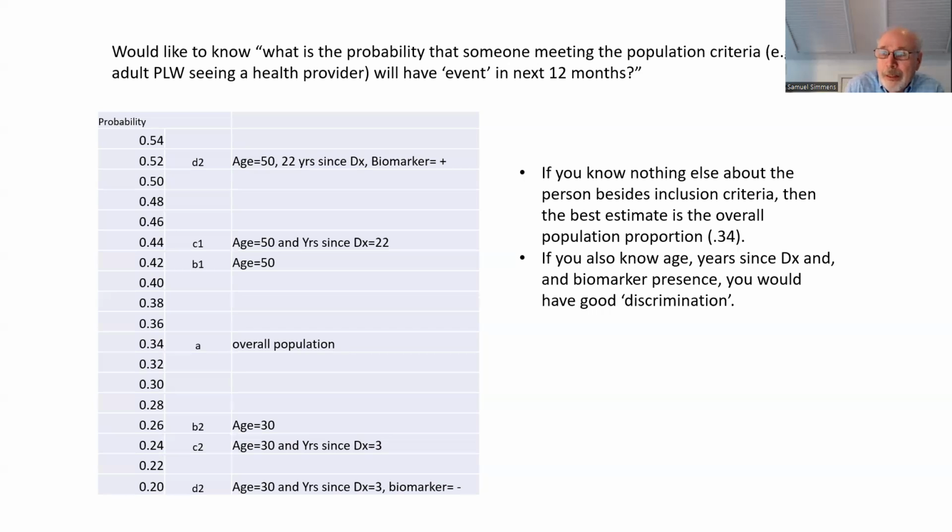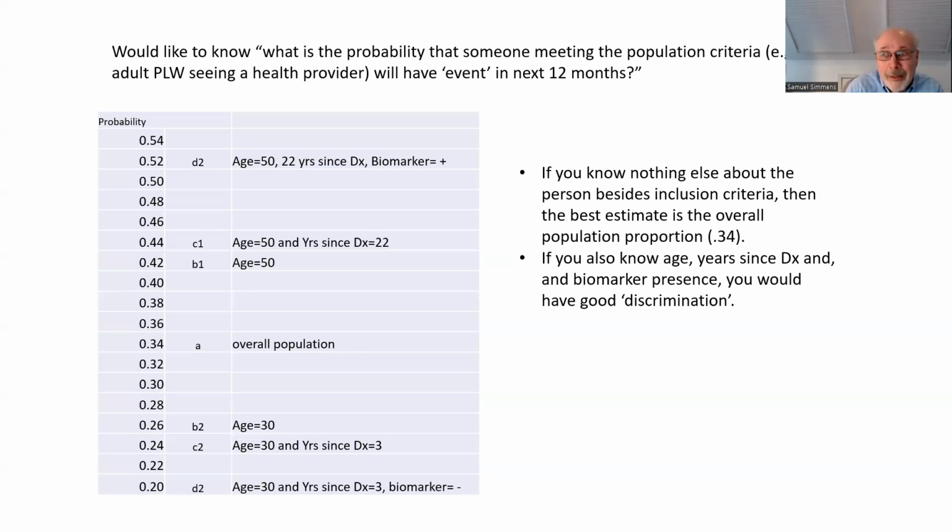So at that point, you're getting a fair amount of distance between 52% and 34%, which is the overall population. So the more that your model leads to predictions for different groups that are pretty far separated from the average for the whole group, the more valuable the model is.